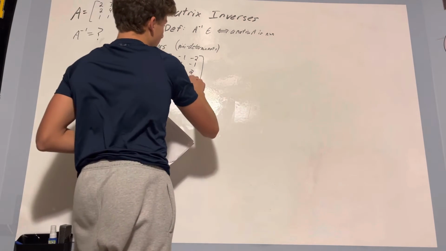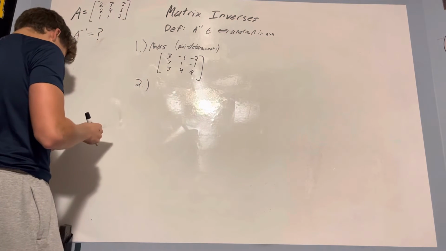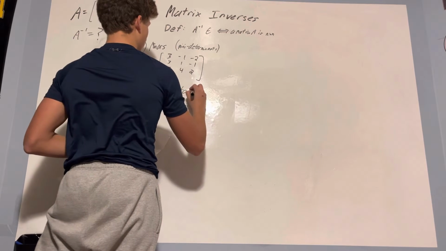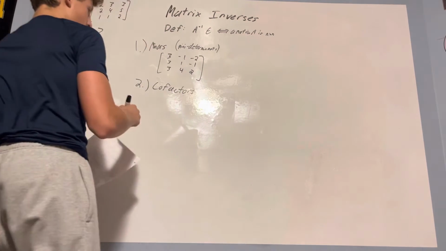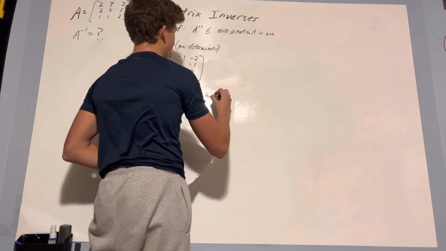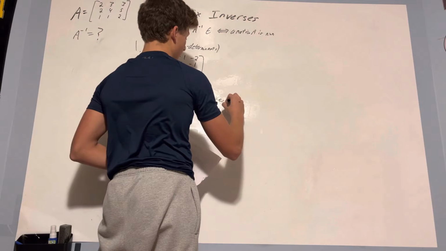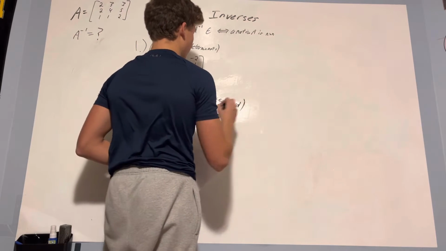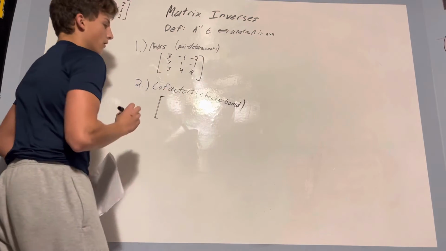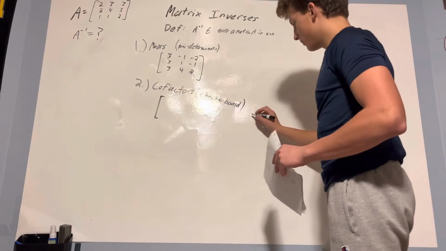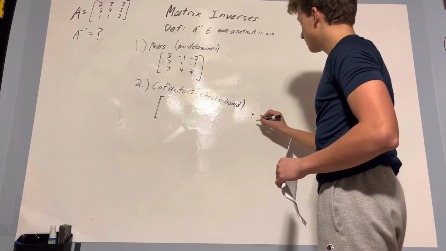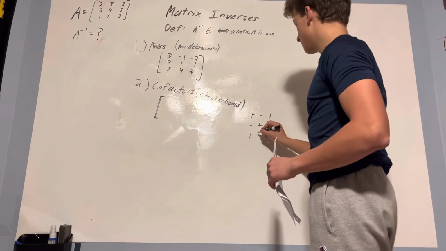You take the minor of each number. Second step is what is called cofactors. Basically what you do here is you flip all of the signs in a checkerboard pattern. So I'm just going to write checkerboard here. Generally, if we have a 3 by 3, the pattern is plus, minus, plus, minus, plus, minus, plus, minus, plus.